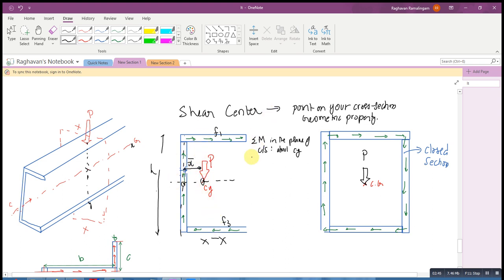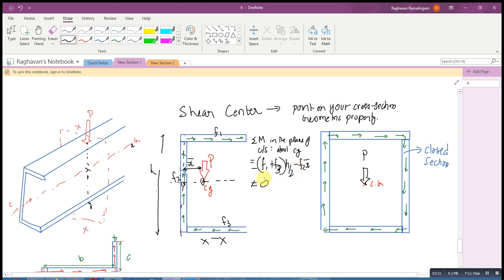The summation of moments, given P will not come because P is already acting on the CG, gives me F1 and F3, both of which act clockwise through a distance of h by 2, so I'll give a minus sign for clockwise. And also F2, which acts on the web, is also clockwise. So minus F2 into the centroidal distance x bar.